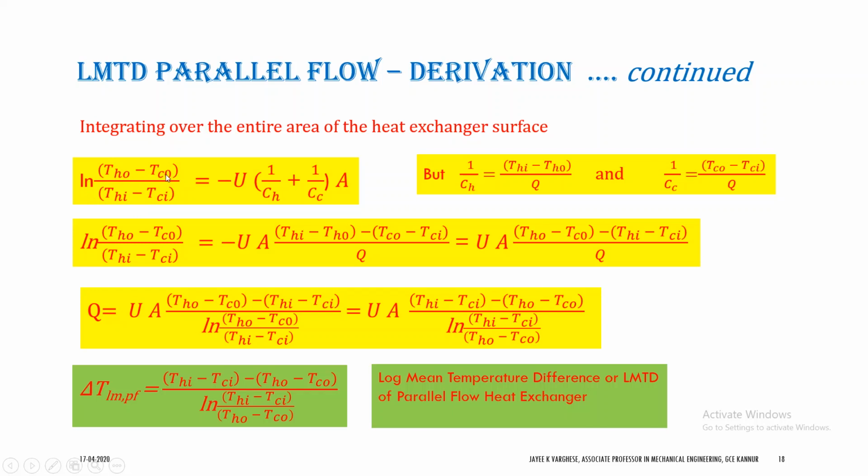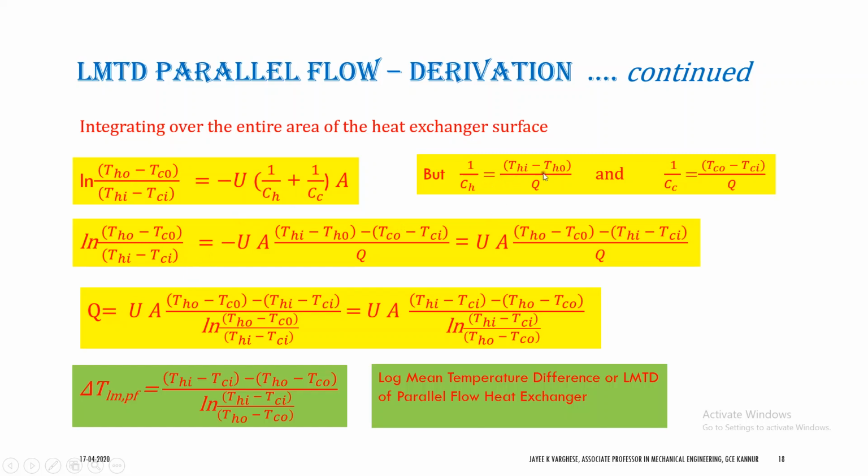Log Tho minus Tco minus log Thi minus Tci, which is written in a single step as logarithm of Tho minus Tco divided by Thi minus Tci, which is equal to minus U into 1 by Ch plus 1 by Cc into the integral of dA, which will be A. So this is the integrated form after applying the limits. This is simple mathematics, just integration and applying the limits. We will get this in terms of the inlet and outlet temperatures of hot and cold fluids.